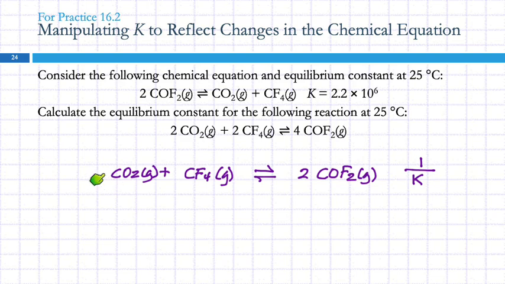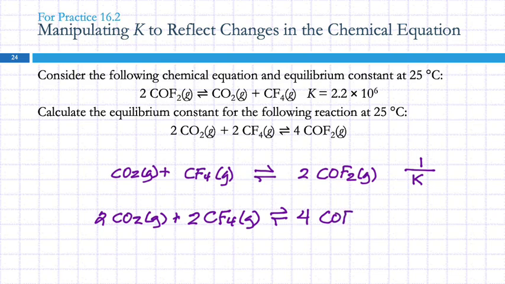And then all of these coefficients are twice as big. So everything was multiplied by 2. So what do I do to my K? I raise it to the power that I multiplied those by.